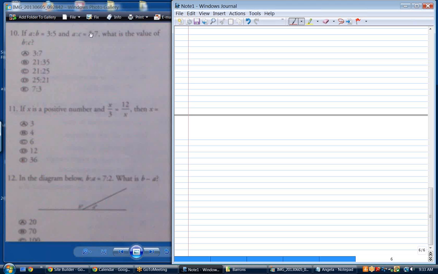Now, colons come in handy if you have 3 different entities, like the freshmen to sophomores to juniors to seniors. But in problems like this, where there's just 2 variables, I would start right off by saying A over B equals 3 over 5 and proceed accordingly.